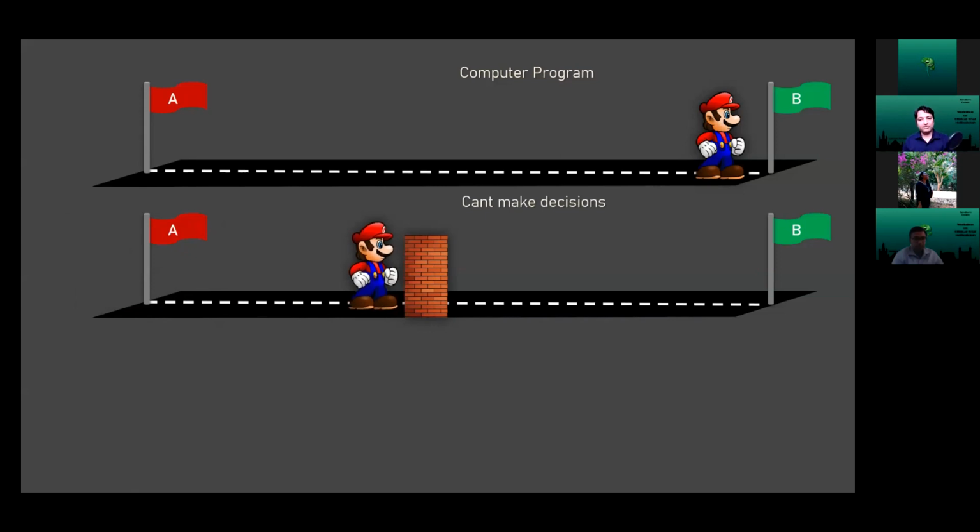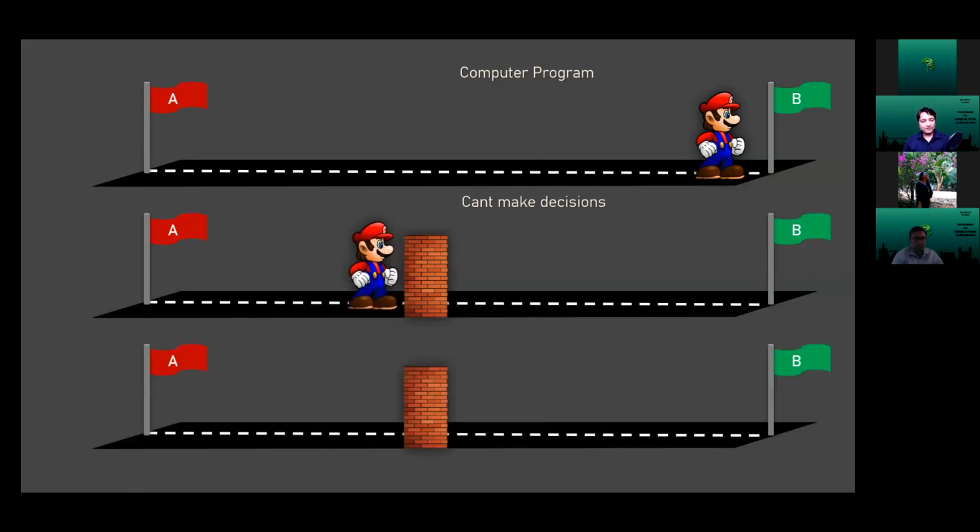They can't make any decisions. The difference with AI based software is that they can make the decision to go over it. It means they have intelligence.